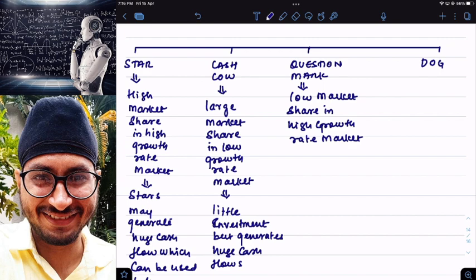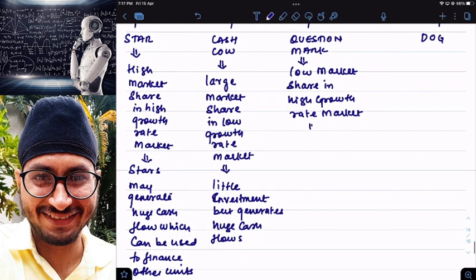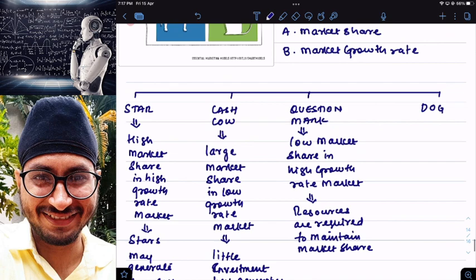That particular product will be considered as what? Question mark. Here I require resources, meaning investment is required to maintain market share.